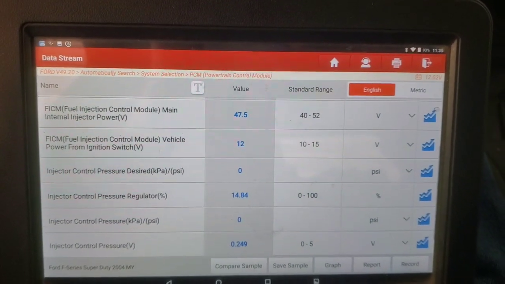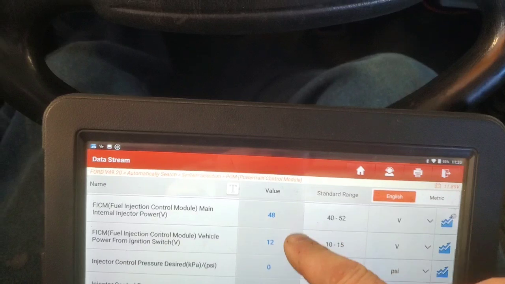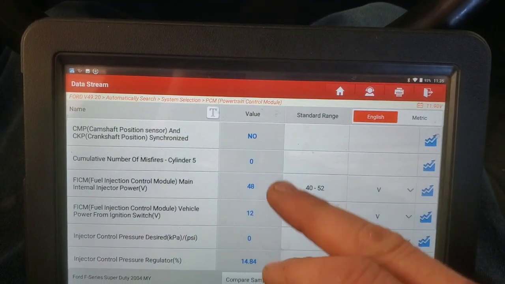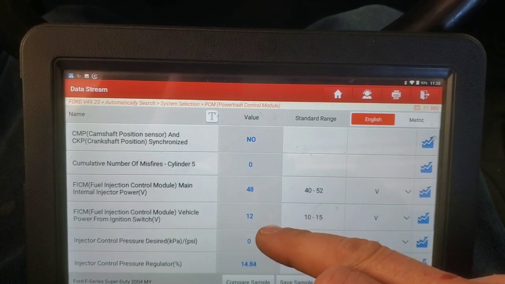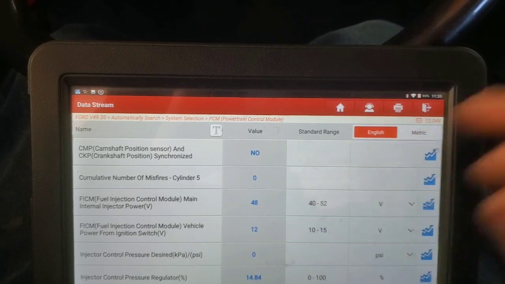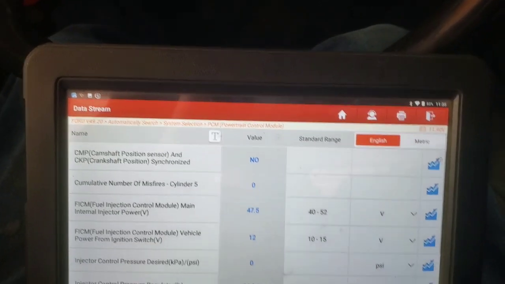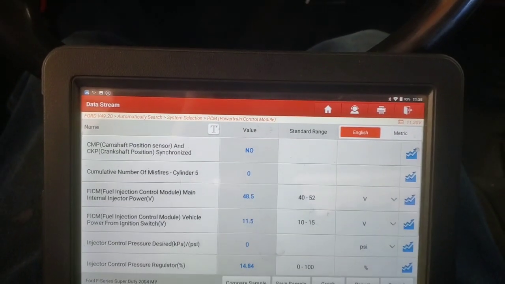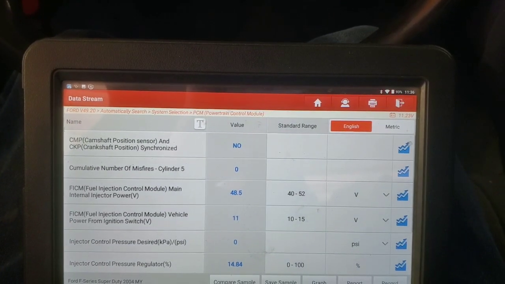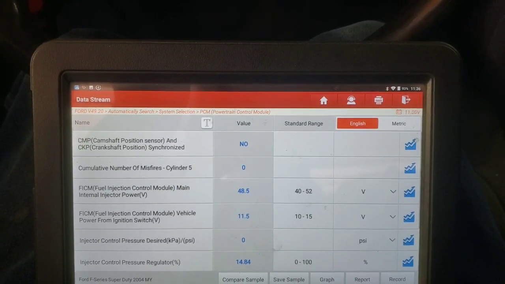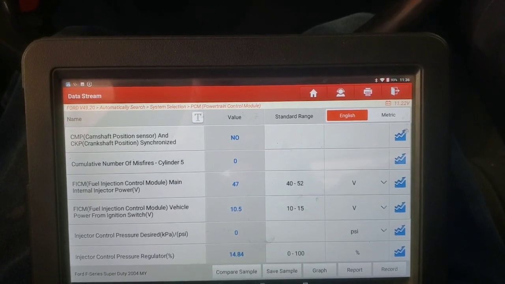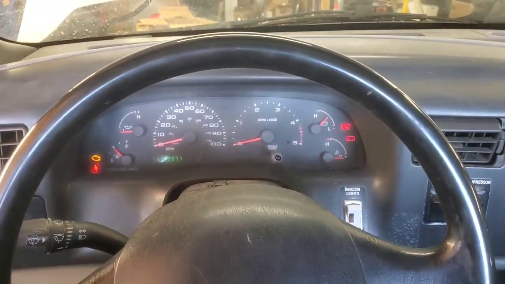And then we want to watch the synchronization to see if that comes up there. I have no idea, I must have clicked that misfire deal or something like that. But anyways, let's recycle the key. Wait till the injectors get done with their clatter.